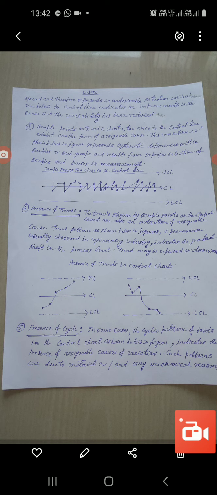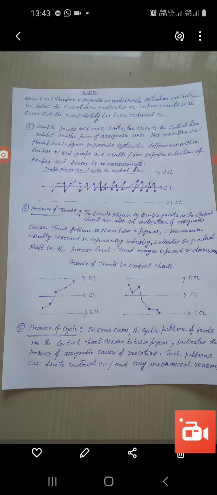And this variation, as shown below in the figure, represents systematic differences within a sample or subgroup and results from improper selection of samples and biases in measurement.